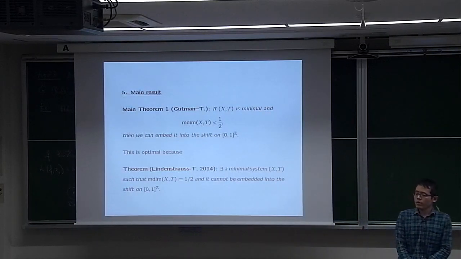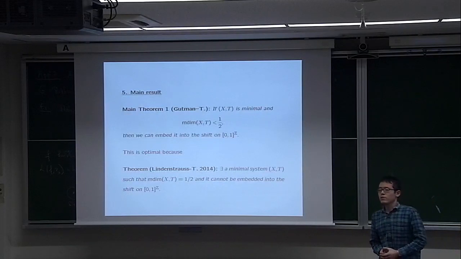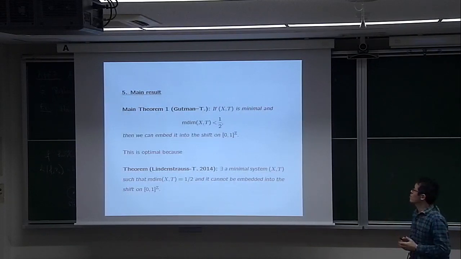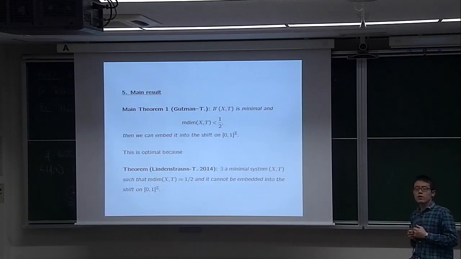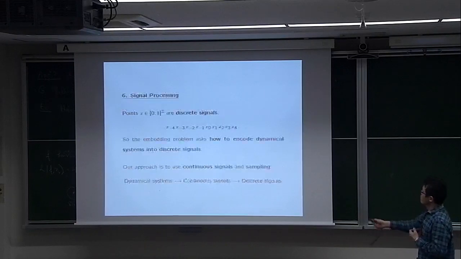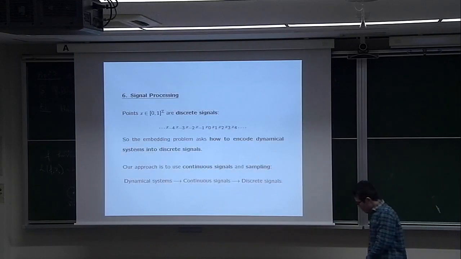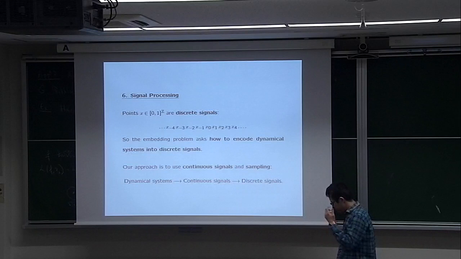So far we have discussed only very abstract topological dynamics. In some sense, there is seemingly no connection with communication theory or information theory, but suddenly communication theory appears. So we can reformulate the question in the language of signal processing.